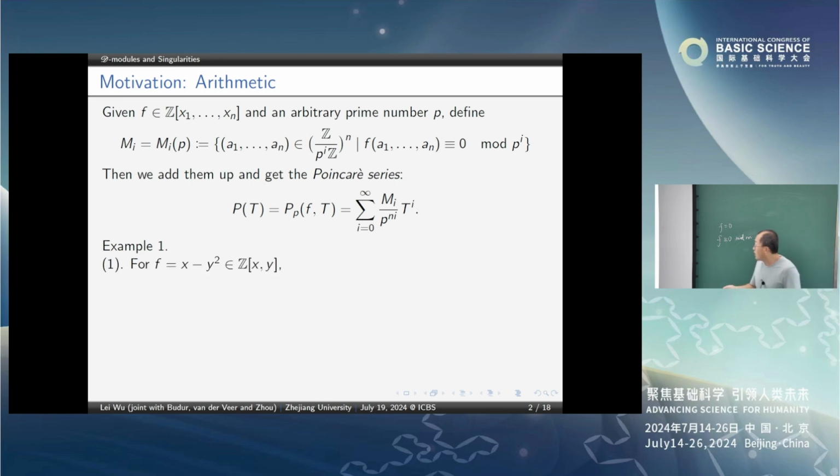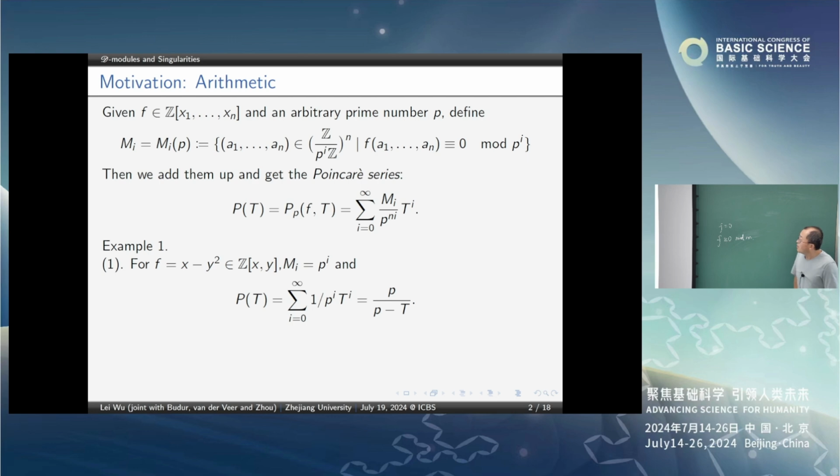So the first one is f equal to x minus y squared, a curve inside this two-variable polynomial ring. We know this is identified to A1, right? So you can easily see this M_i is just p to the power i, and if you add them up, you get p over p minus t.